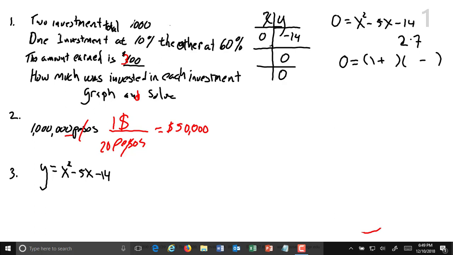You have to have an x and an x, so you get back to this x squared. Let's say I put 2 here, so I want 2 times minus 7.